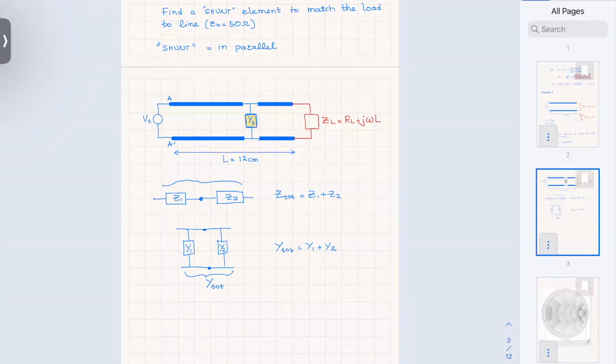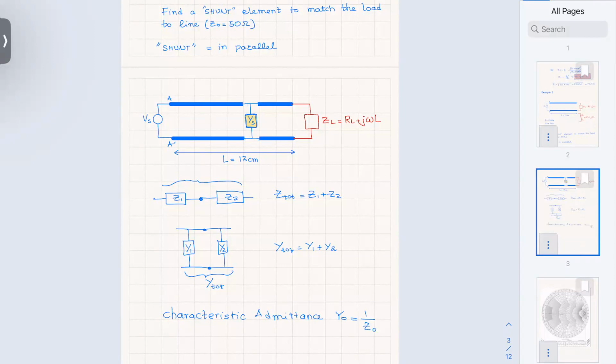If it gives you impedances, they are normalized impedances, which means normalized with respect to the characteristic impedance. If they are admittances, they are normalized admittances. What does it mean? Normalized with respect to what? To the characteristic admittance. What is the characteristic admittance? The characteristic admittance is nothing else but the inverse of the characteristic impedance.